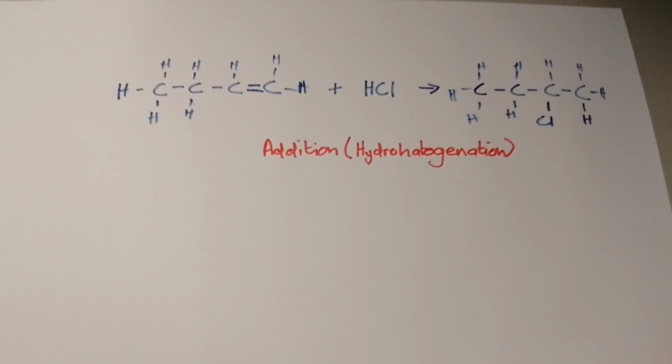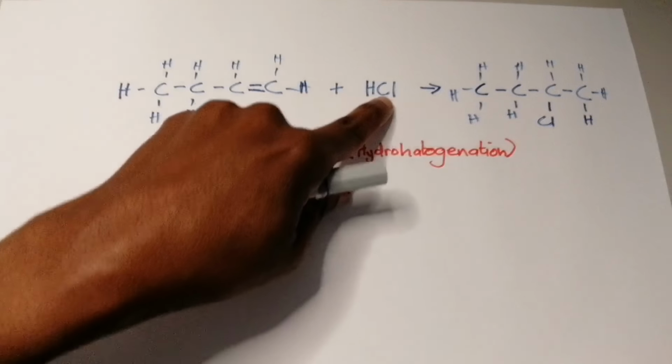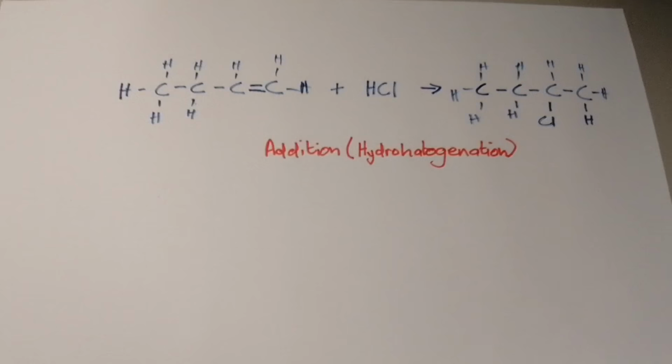So 2 things reacted there: the hydrogen as well as the halogen. Those are the types of reactions that take place. Very quickly, let's go through another one.